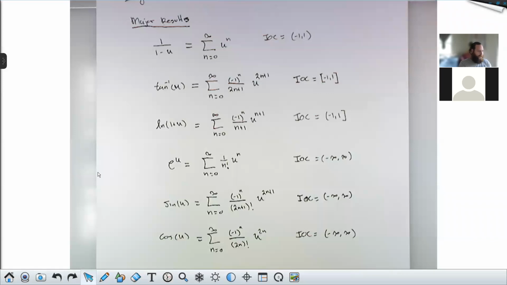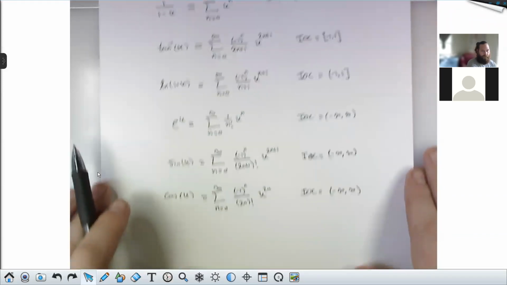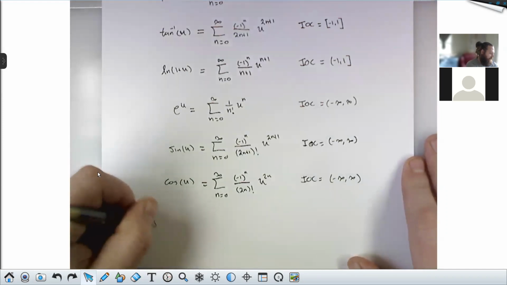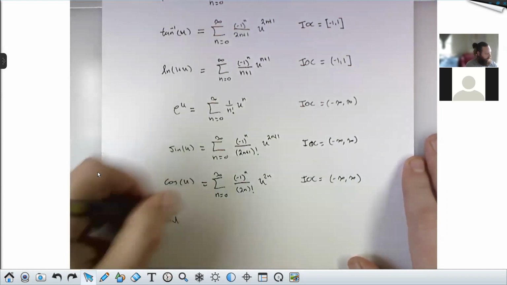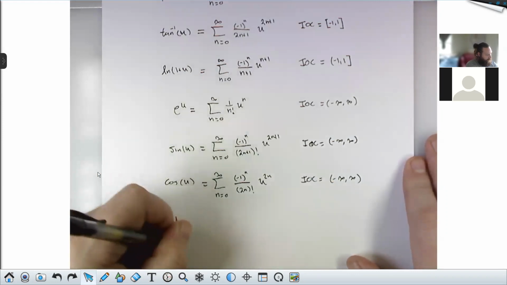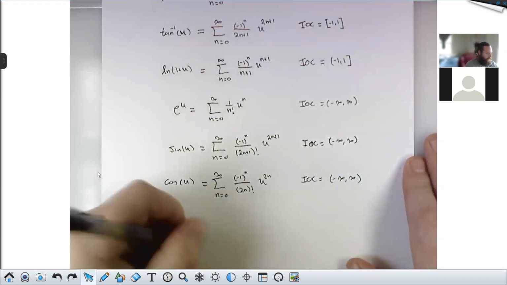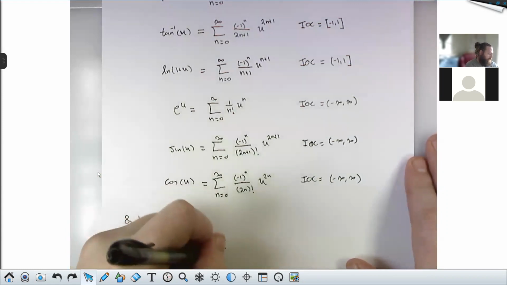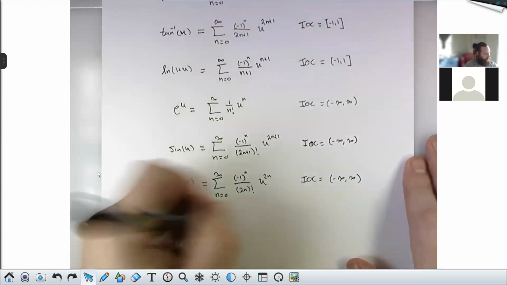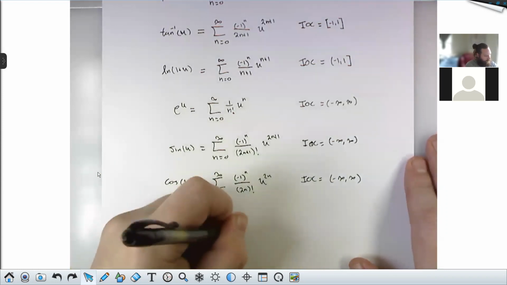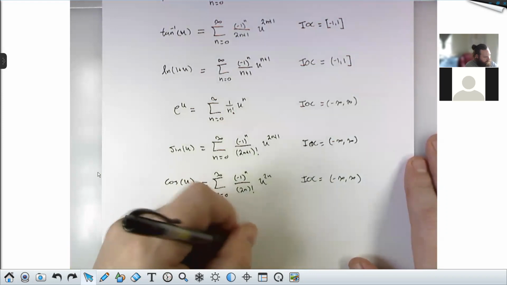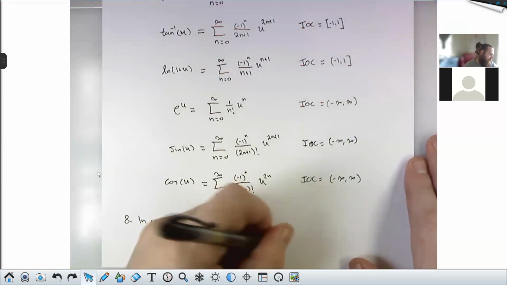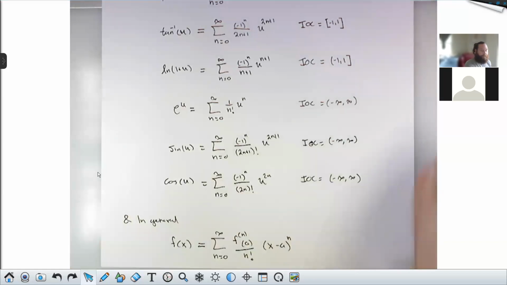The other kind of major result was Taylor's theorem, which was that in general, you can write an arbitrary function, f of x, as long as it is infinitely differentiable at a, as the sum from n equals 0 to infinity, nth derivative of f evaluated at a over n factorial times x minus a to the n.